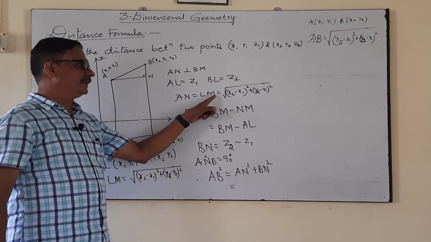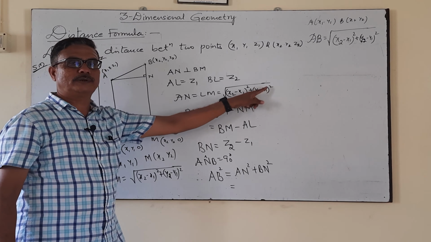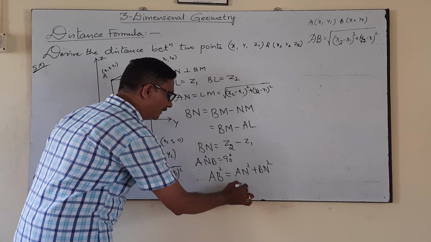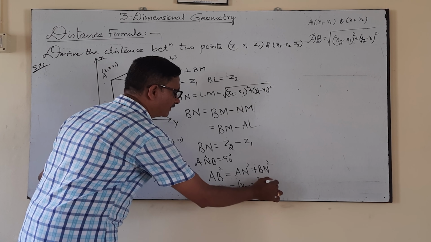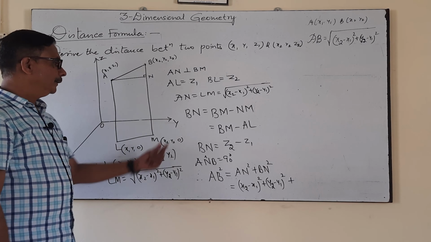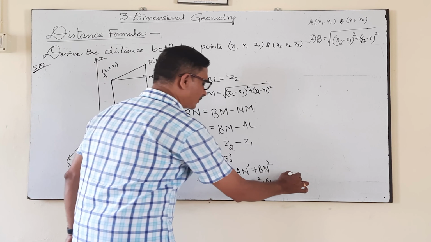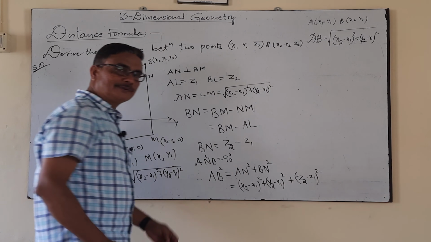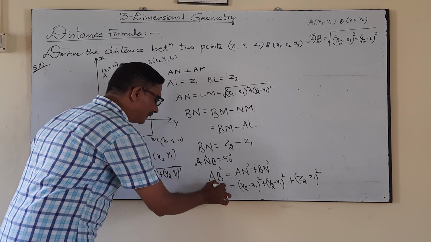Substituting the values. What is AN? AN is same as LM, that is equal to under root of x2 minus x1 to the power of 2 plus y2 minus y1 to the power of 2. Its square, root cancels: x2 minus x1 to the power of 2 plus y2 minus y1 to the power of 2, plus BN square. BN value is z2 minus z1, its square, that is z2 minus z1 whole power 2. This is the value of AB square.